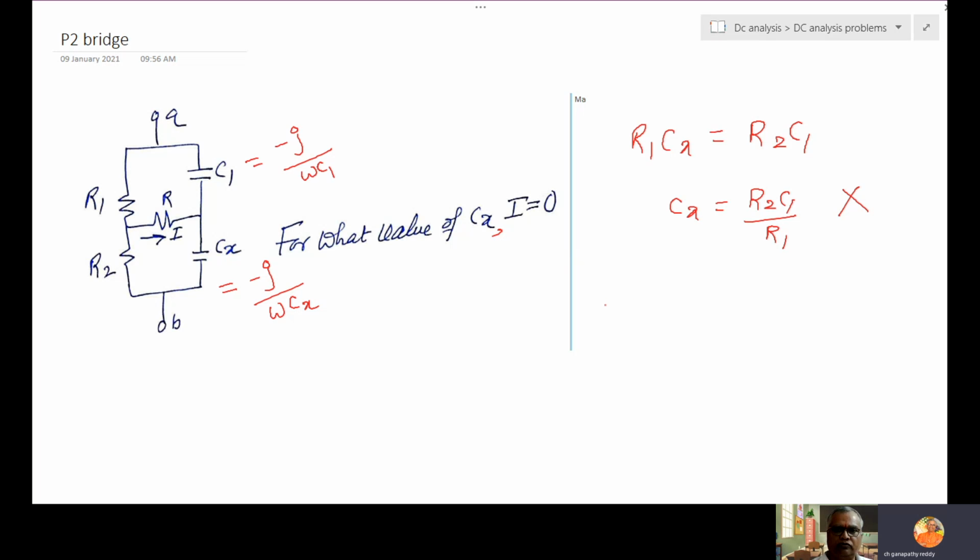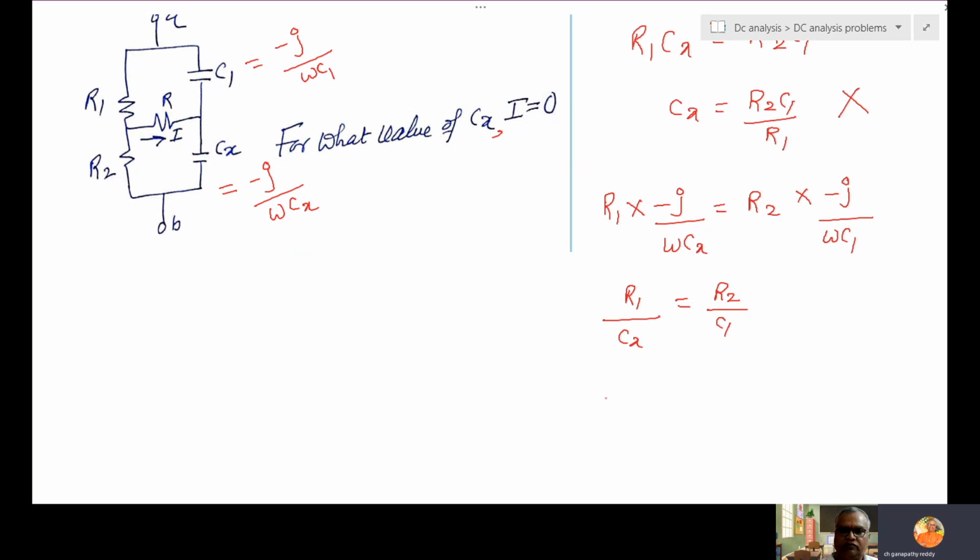So if you multiply now, R1 into minus J by omega Cx is equal to R2 into minus J by omega C1. So minus J by omega, minus J by omega cancel. R1 by Cx is equal to R2 by C1. So from this Cx equal to R1 C1 by R2. So this is the answer.